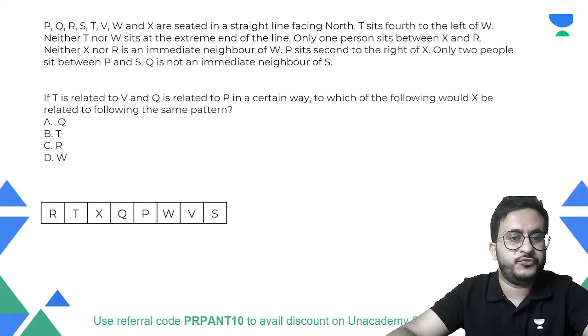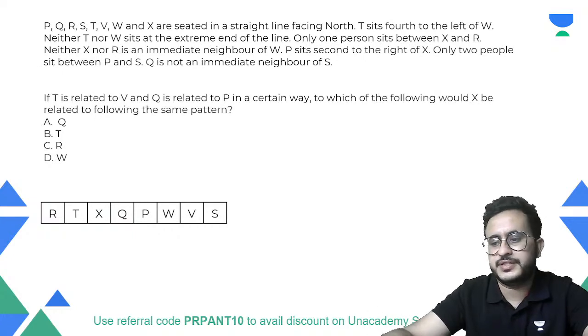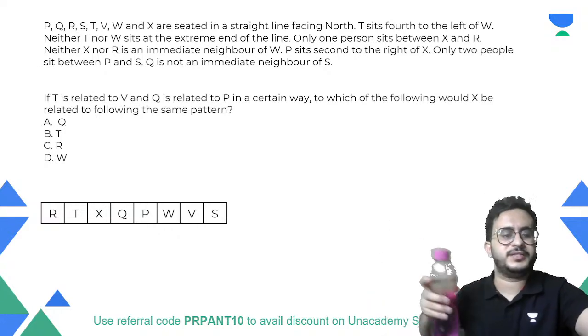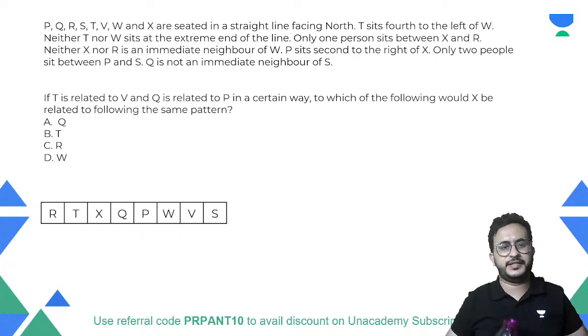If T is related to V and Q is related to P in a certain way, to which of the following would X be related in the same pattern? So there is a relation given between two pairs. You have to find which person X is related to.